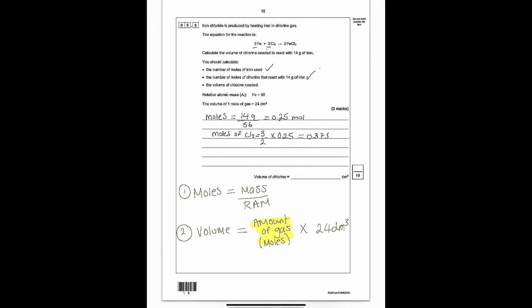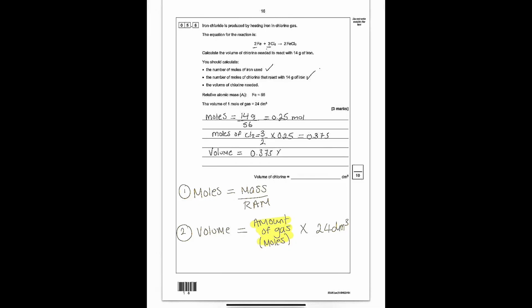Okay, now we're going to do the last part, which is where we're going to work out the volume of chlorine needed. So in order for us to work out the volume, we need the amount of gas in moles, and that's going to be 0.375.